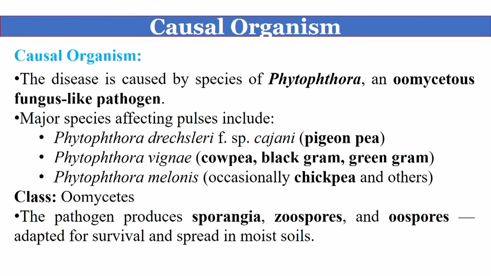The causal organism of this disease is Phytophthora, an oomycete fungus-like pathogen, and the major species that affect pulses include Phytophthora drechsleri for pigeon pea, and Phytophthora vignae in cowpea, black gram, green gram, and Phytophthora melonis, generally for chickpea and others.